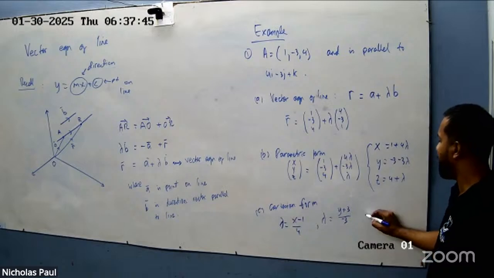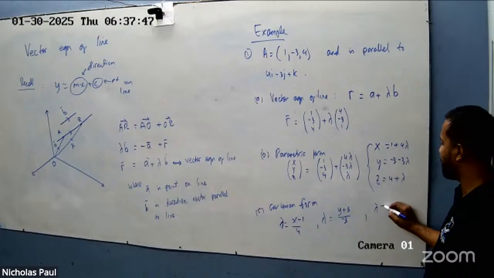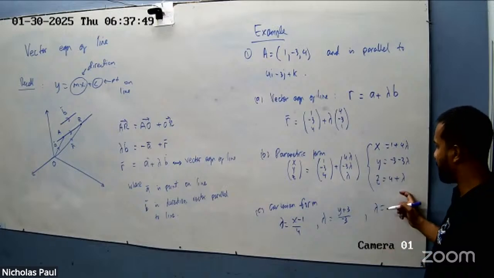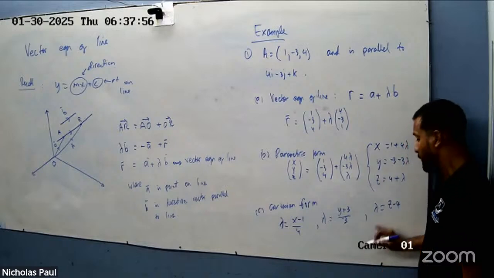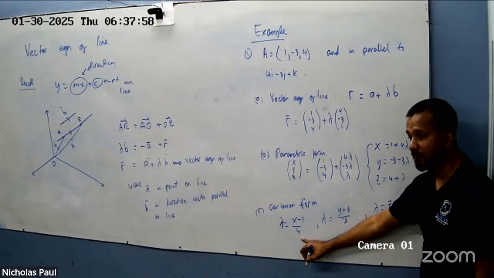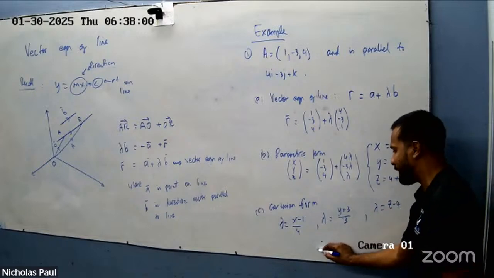Right? And then, if you make lambda the subject here, you'll get Z minus 4. Right, Marquis? So now everything is equal to lambda. Therefore, I could just write it like this.